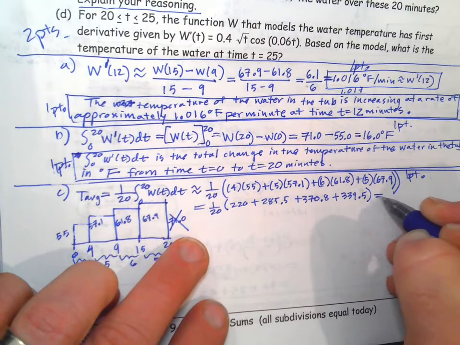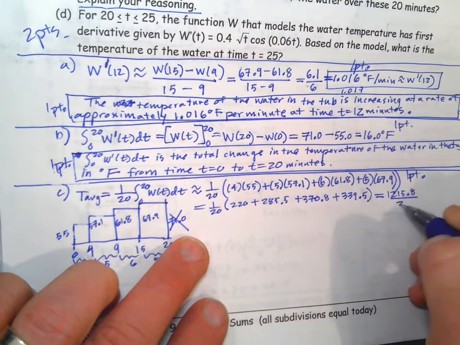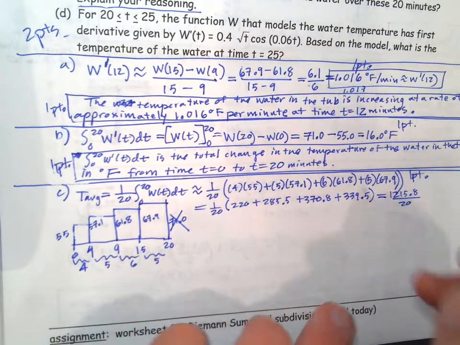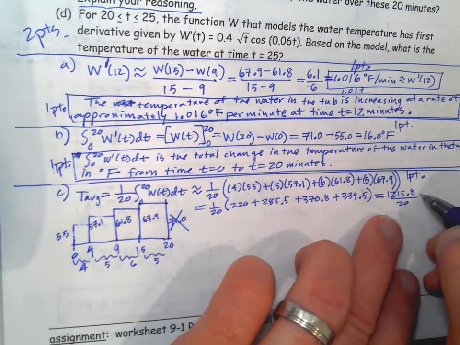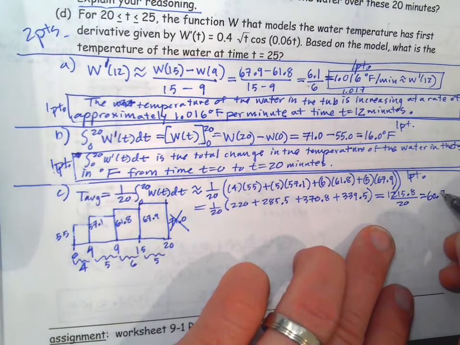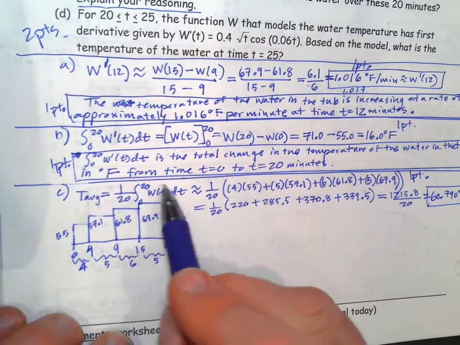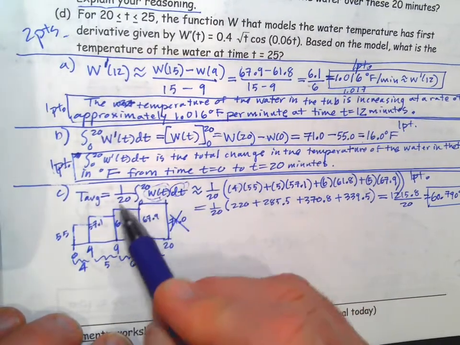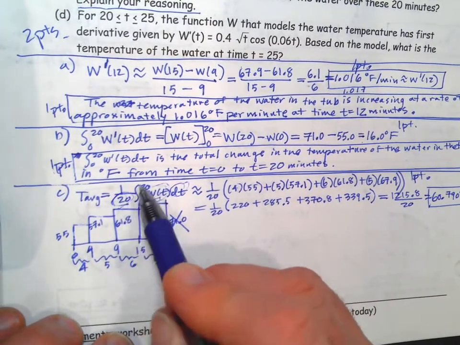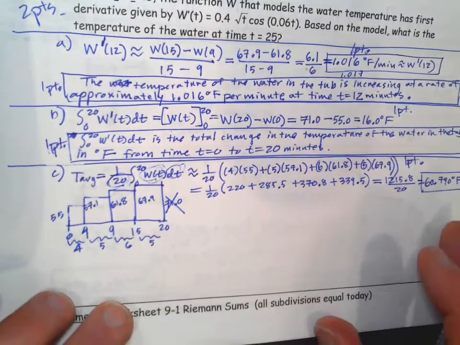And then that gives me 1215.8 over 20, which gives me 60.790 degrees Fahrenheit. This is a temperature, okay? If you do the work here, this is temperature times time, but then you're being divided by time. This is the time from 0 to 20. And you're doing average temperature, so it should just be degrees Fahrenheit.